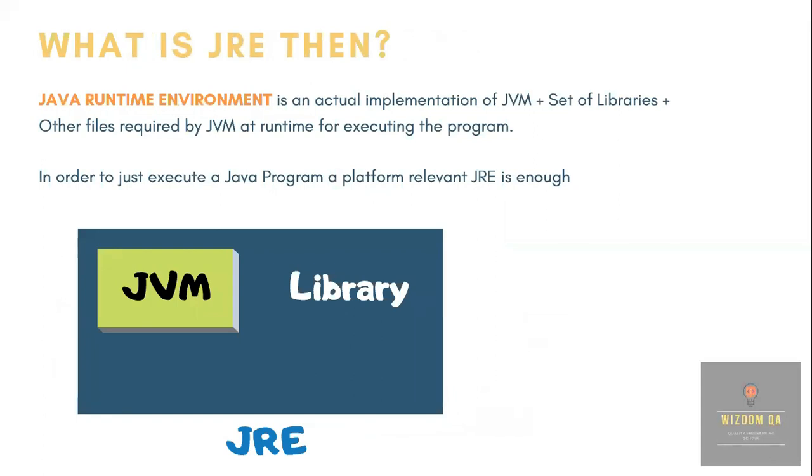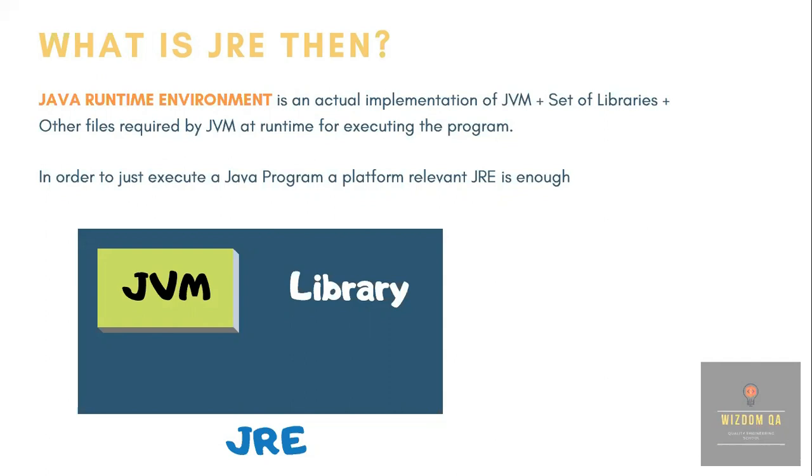What is JRE? JRE is basically the actual implementation of JVM. The Java software itself has the implementation of JVM, which is a part of JRE. So JRE contains JVM and a set of libraries plus other files required by Java at runtime for executing the program.